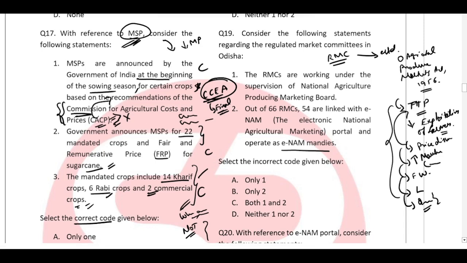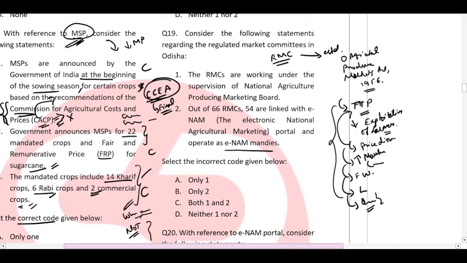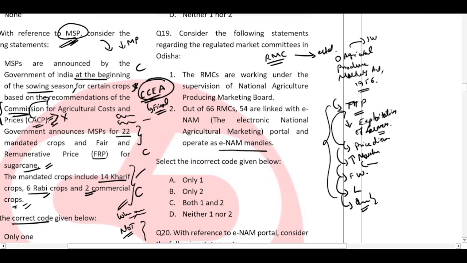They work under the supervision of the Odisha State Agricultural Marketing Board. So the RMCs which were established under this Agriculture Produce Markets Act, there is a supervisory body for it which is known as the Odisha State Agricultural Marketing Board.